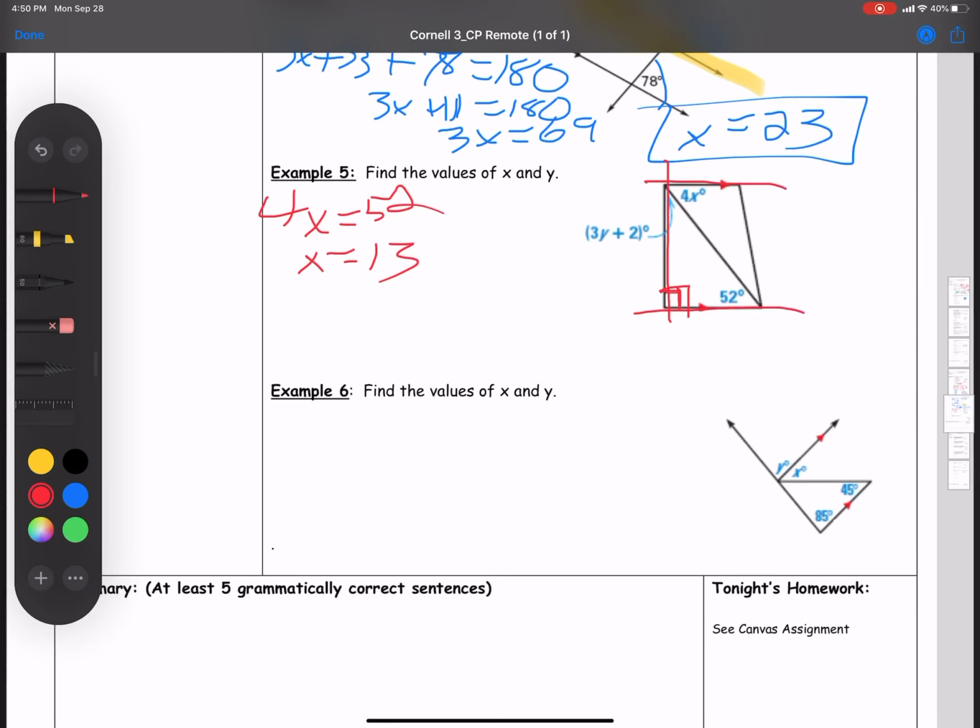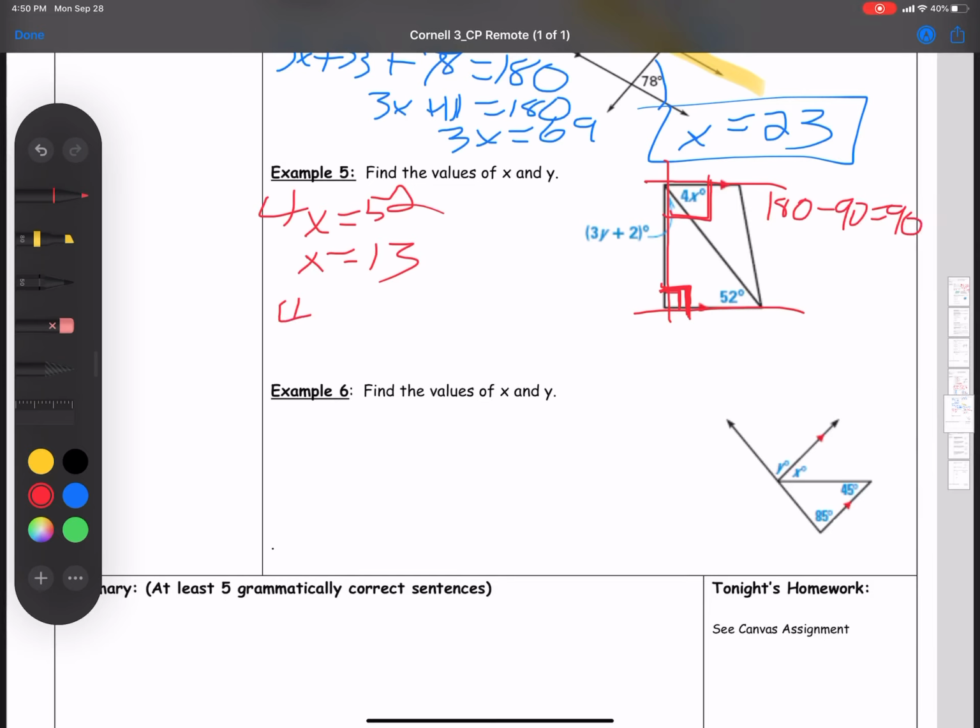So if this is 90, this is same side interior, and that also has to be 90. How did I figure out that's 90? I know they're not normally congruent, but they're supplementary, right? So if the bottom one is 90, the top one also has to be 90 because they have to add up to 180. So that box is 90.